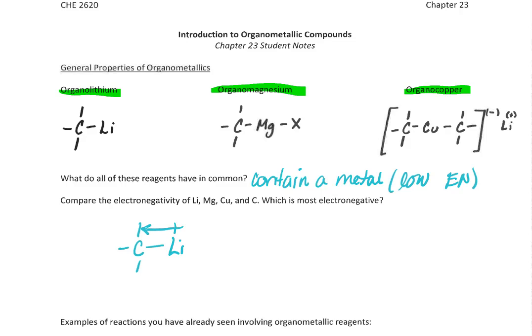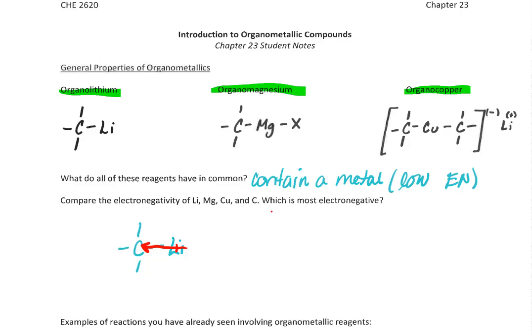And so what that really means, and I'm going to redraw this in red really quick, is the lithium is lower in electronegativity than the carbon, and so the carbon has the partial negative, and that's not common.